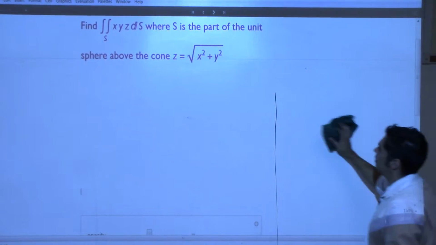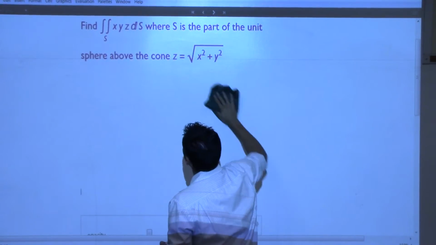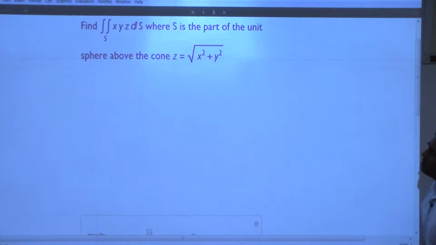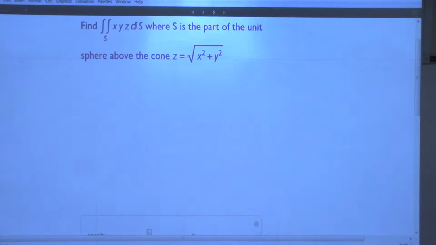Find the surface integral over the surface S of x y z with respect to surface area, of the part of the unit sphere above the cone z equals the square root of x squared plus y squared. Pardon me? Should we even try to draw it? Yeah, I'm going to try and draw it.